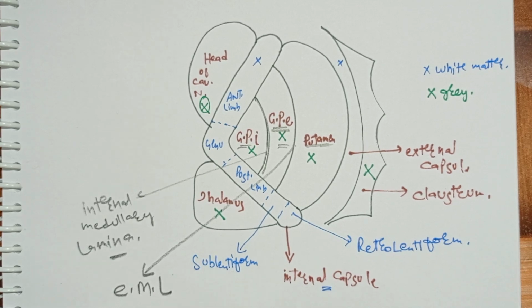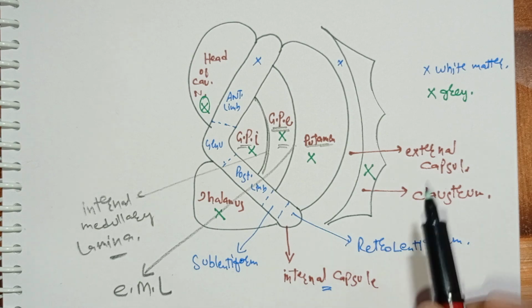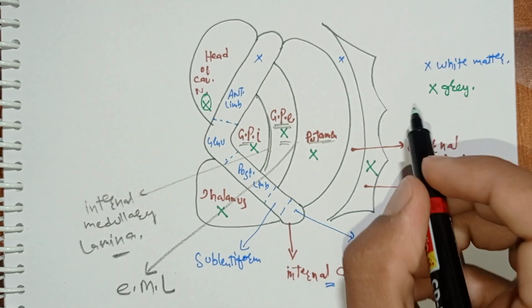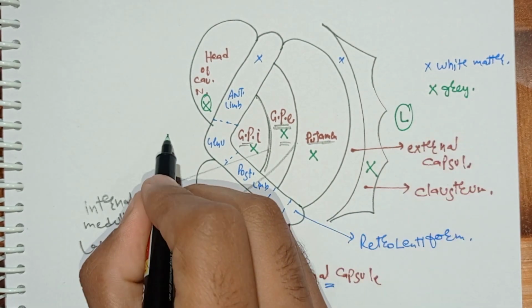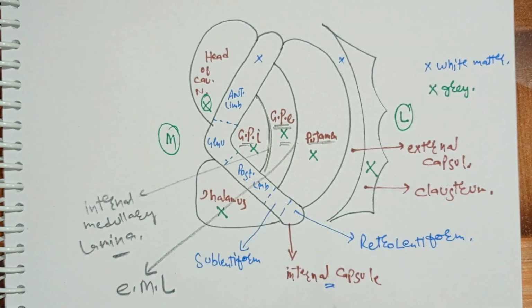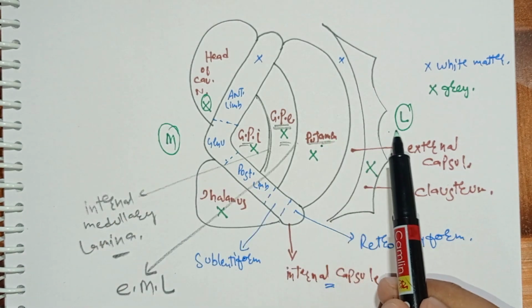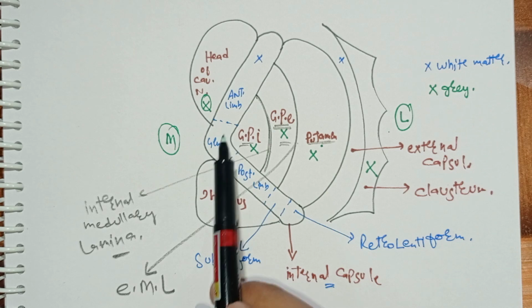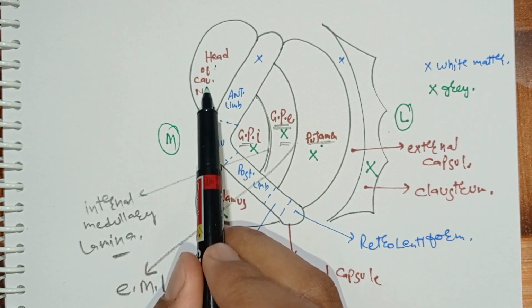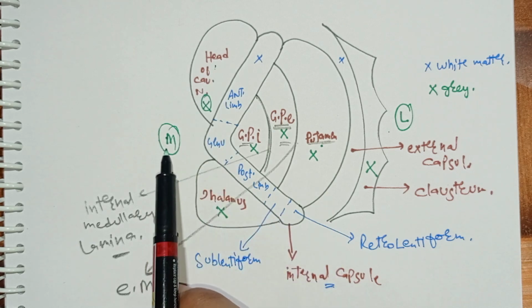Now, this is the lateral side and this is the medial side. So putamen is lateral, while internal capsule is medial. Head of caudate nucleus is a medial structure. Thalamus is a medial structure.